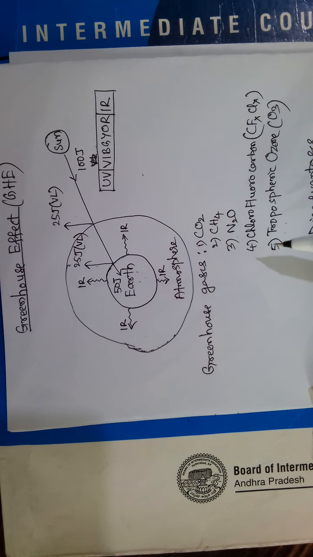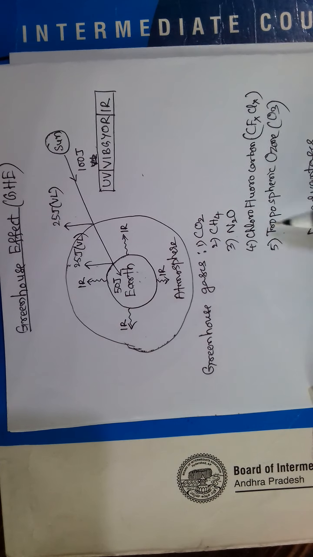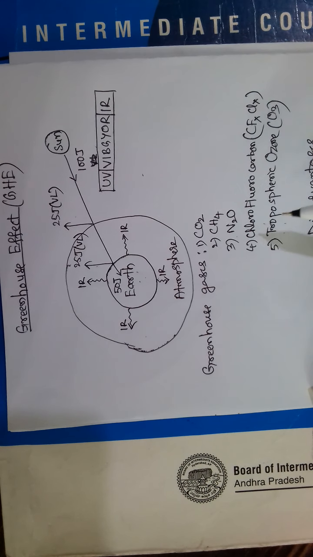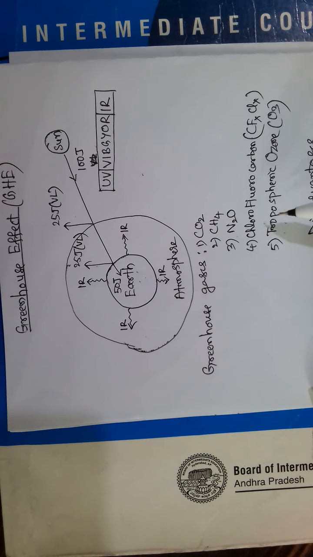See, what is the specialty with these greenhouse gases? These gases are very fond of IR radiation. These gases like IR radiation very much. Therefore, these gases absorb the IR radiation emitted by the earth.